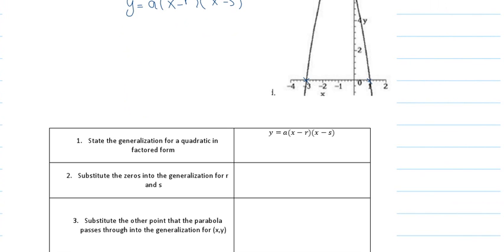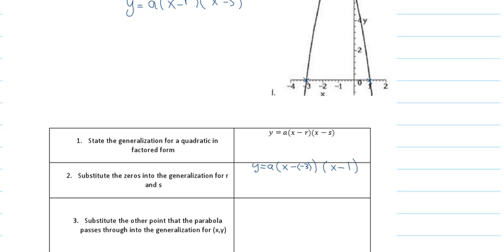So I have y equals a x minus 3, or negative 3, right? Because I have a negative 3 here. And then x minus 1. Instead of writing minus negative 3, what does it become?